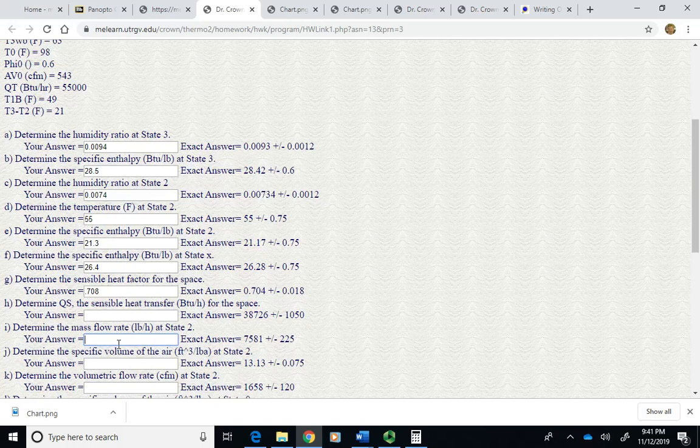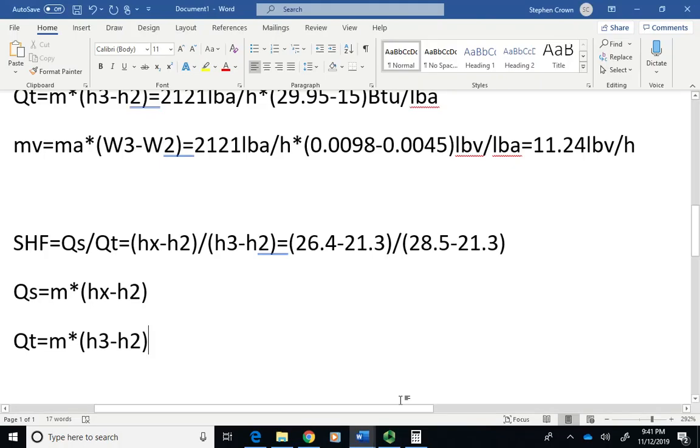So the QT is given, so 55,000 BTU per hour, so I can solve for it. So now I know H3 and H2, that's my 28.5, so I can solve for M then.